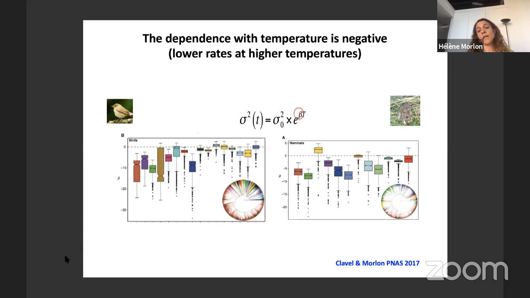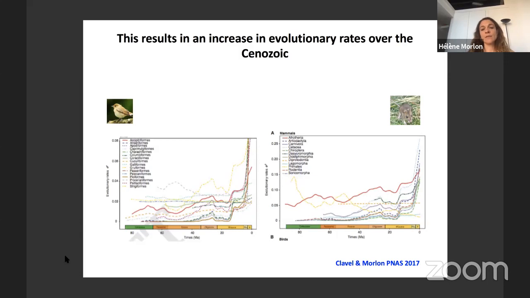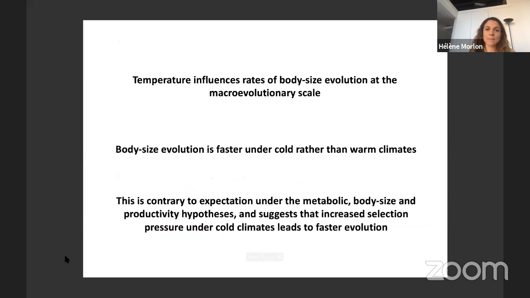That suggests that rates of phenotypic evolution are faster during cold rather than during warm geological periods. And in this case, this would result in an increase in evolutionary rates over the Cenozoic, not a decline in evolutionary rates over the Cenozoic.